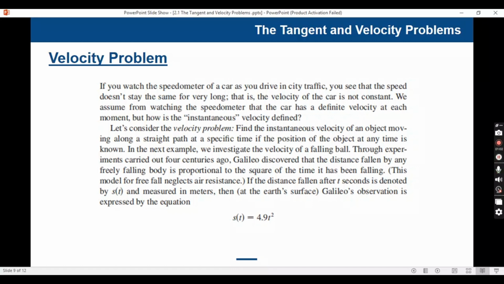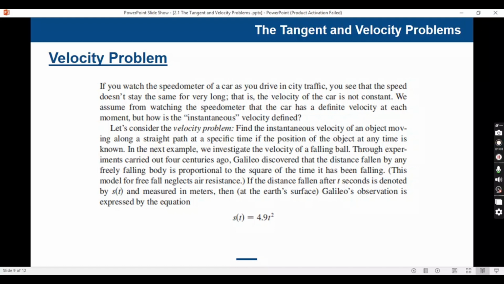So this is derived from those experiments, and it's looking for distance. Actually, the letter s in physics is used as displacement, not necessarily distance, but it can be the same thing.